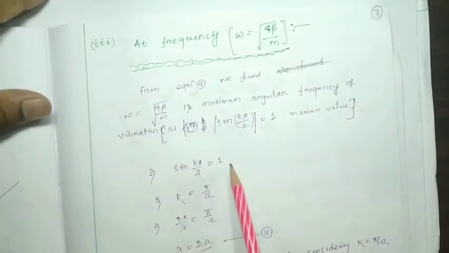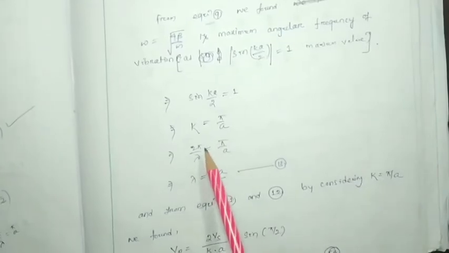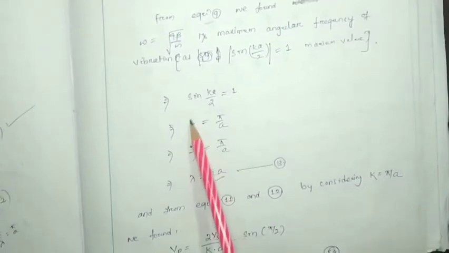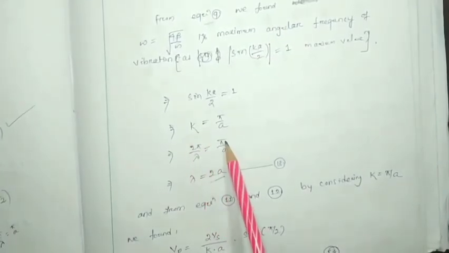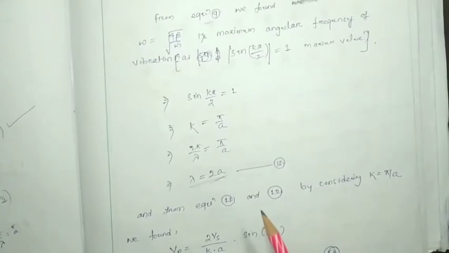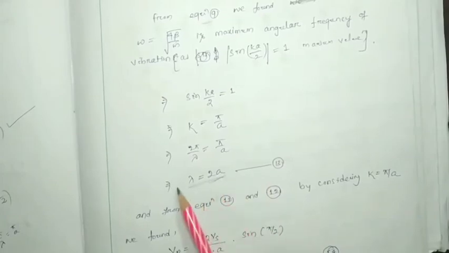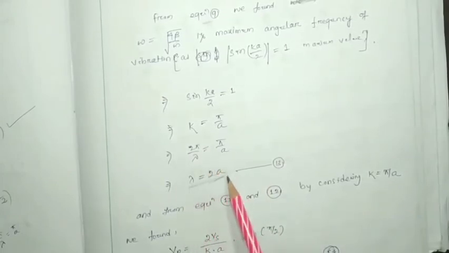That means when k equals pi by a, where k is nothing but 2 pi by lambda, lambda equals 2a. So at the maximum frequency at which the lattice vibrates, the wavelength will be 2a.